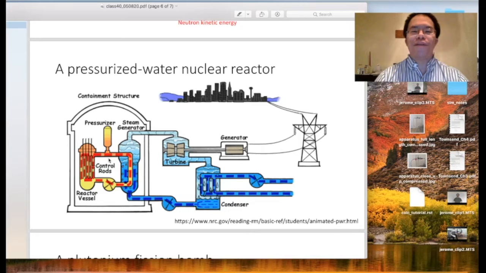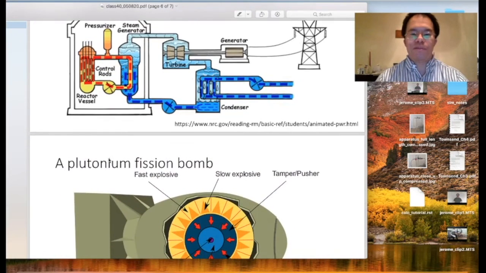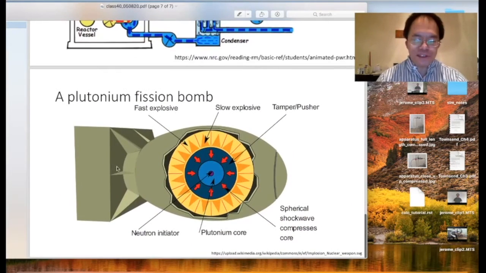Now, talking about fission, I would be remiss if I didn't mention perhaps a great destructive thing that one can do with fission, aka nuclear weapons. This is a schematic of the type of atomic bomb that was used on Nagasaki in August 1945.